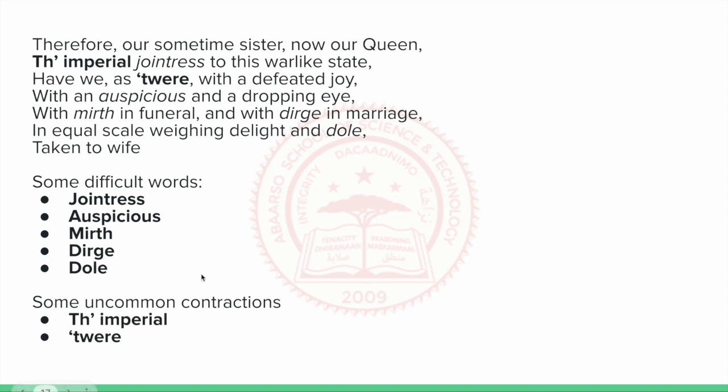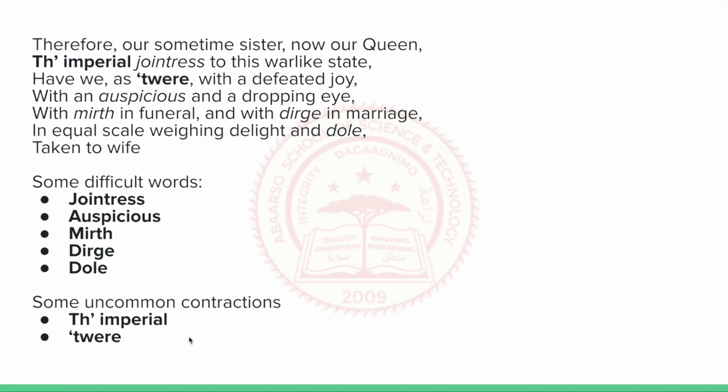And then the real thing I want to focus on here is some uncommon contractions. So I've bolded 2, right? The imperial and 'twere, right? If you just look at this, you might be confused as to what these apostrophes are, but they are a sort of contraction, right?